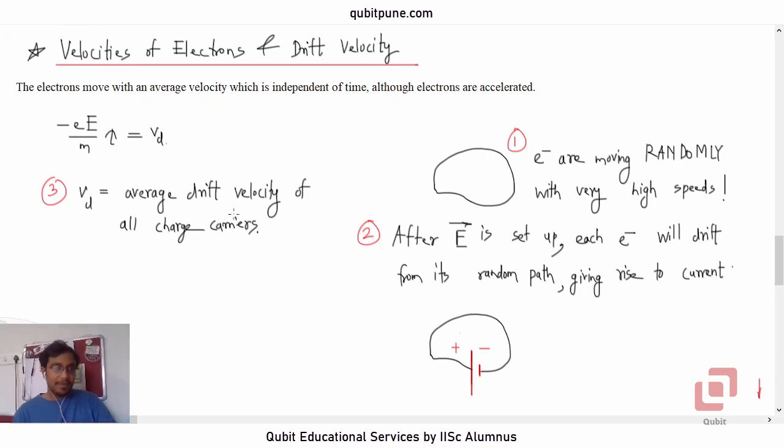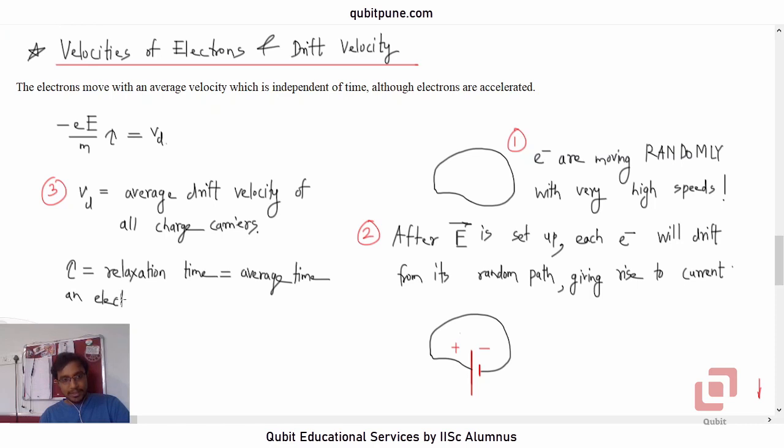This is average drift velocity. What is tau? Can anybody tell me what is tau? We define tau to be the relaxation time. And this is also the average time an electron spends between two consecutive collisions with the metal ions.